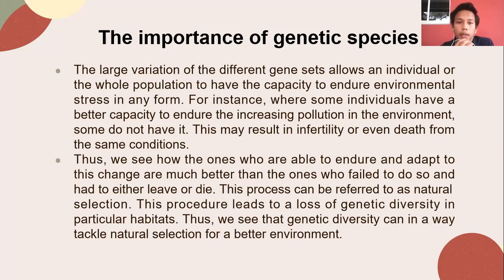This may result in infertility or even death from the same condition. Thus, we see how the ones who are able to endure and adapt to this change are much better than the ones who fail to do so and have to either live or die.